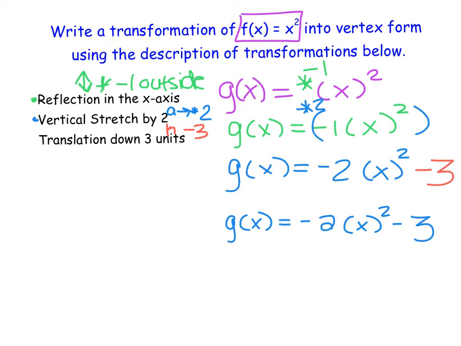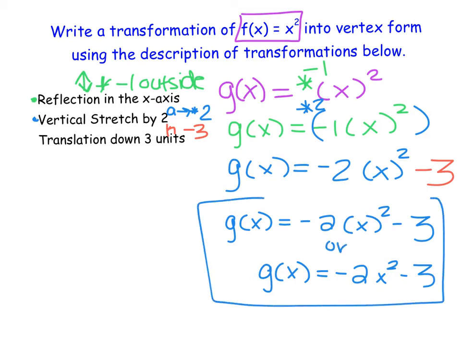Now, because I didn't need to add anything inside of the parentheses here, I can actually drop my parentheses and just write -2 x squared minus 3 if I want. Either one of these would be fine. If you like to leave the parentheses in, there's no problems there. So we've now performed all 3 of those transformations onto our parent graph of f of x equals x squared.